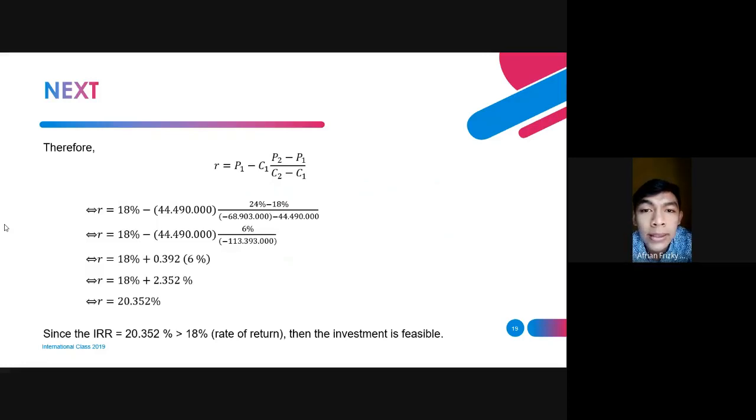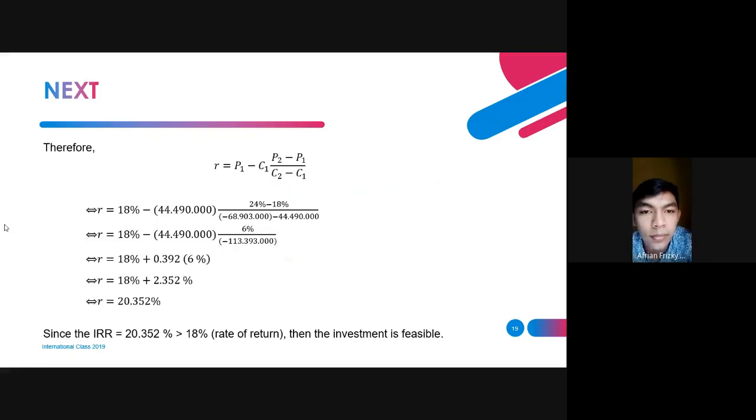Then P2 is 24% minus 18%, divided by C2. C2 is minus 68 million and 903,000 rupiah minus C1.